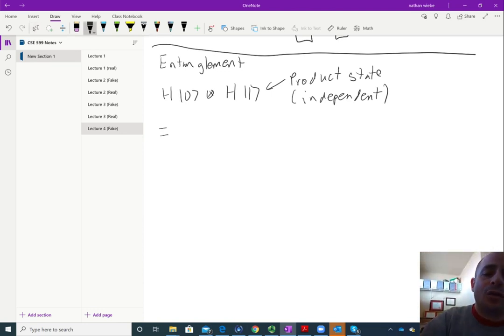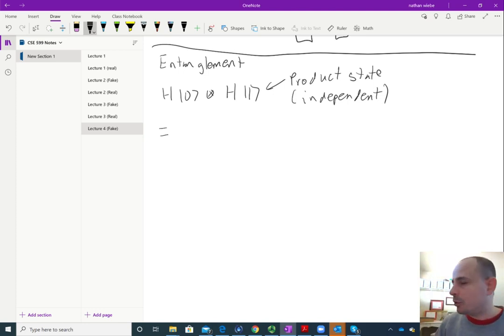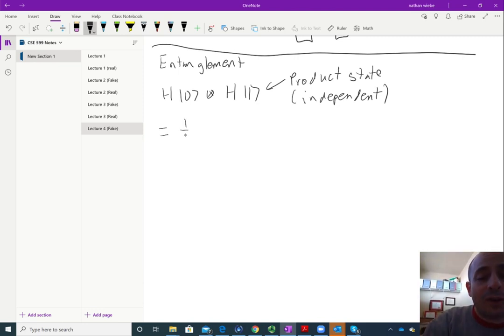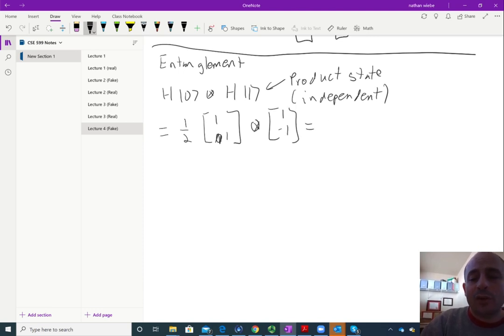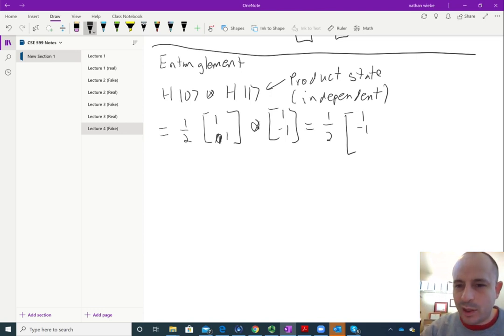And so you can really clearly see that these are two independent states when they're expressed in tensor product form. But when we combine the two, what we end up getting is 1 tensor product with 1 negative 1, which is equal to 1/2 (1 minus 1, 1 minus 1).